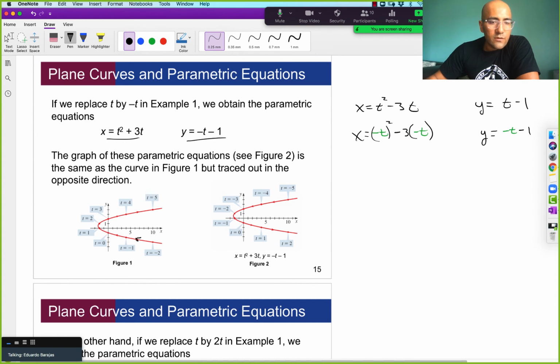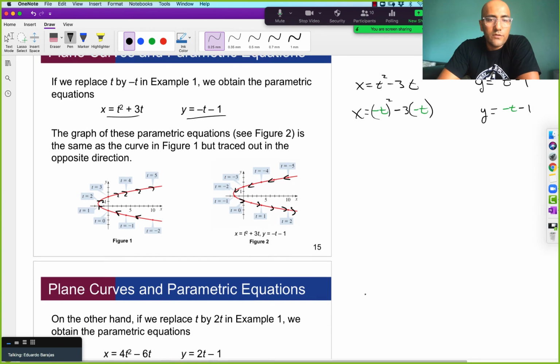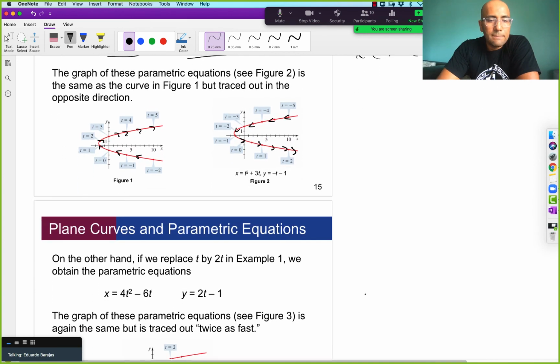It goes this way, and then that way, as t increases from negative infinity to positive infinity. Whereas this new set of parametric equations, all it does is change the direction along that same curvature. Questions?